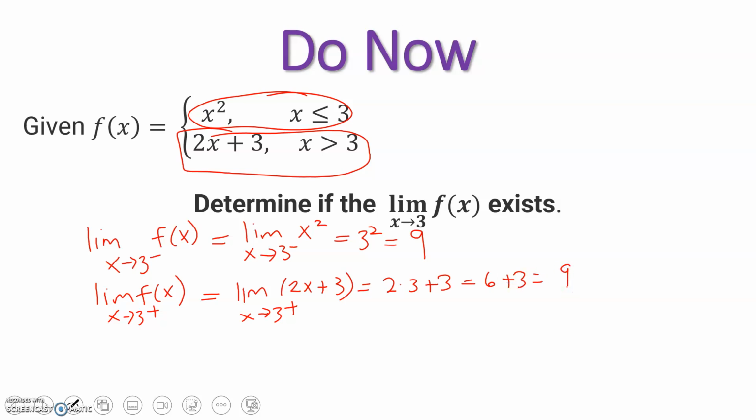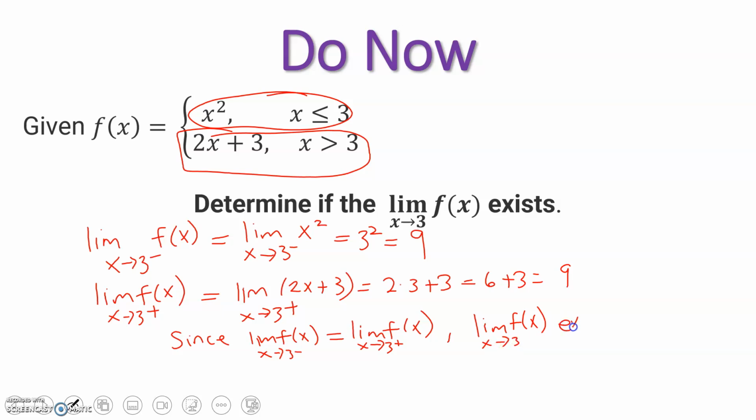So we're going to then say, yes, since the limit of f of x as x approaches 3 from the left is equal to the limit of f of x as x approaches 3 from the right, we know then that the limit of f of x as x approaches 3 exists and is 9.